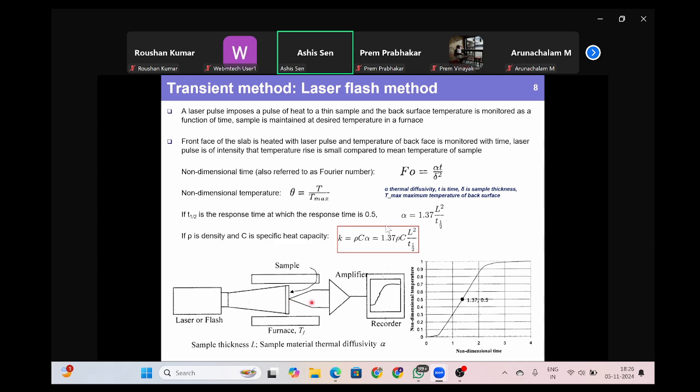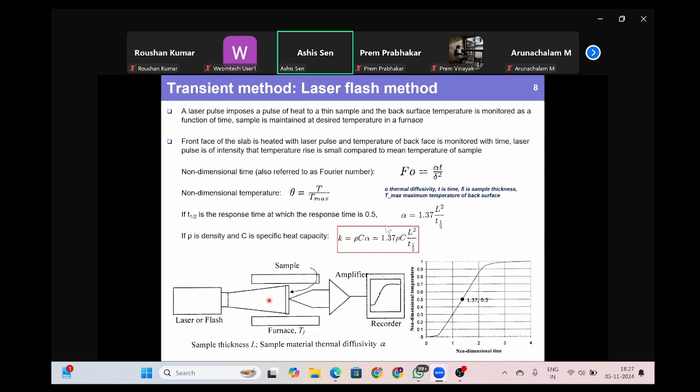The thermal pulse or the laser light is supplied only over a short time. And the temperature at the backside would rise up to the maximum temperature over a finite time. Because you apply some heat, but instantly it will not reach the maximum temperature because of the heating effect.